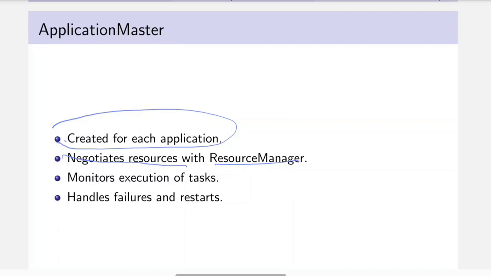So you ask your class teacher, who is the application master, and the application master asks the HOD, which is the resource manager in this case. It also monitors execution tasks and handles failures and restarts. That is what the application master does.